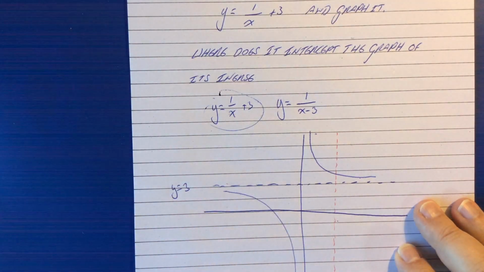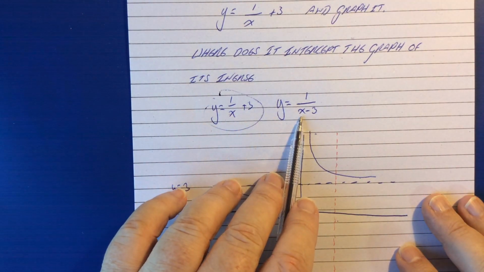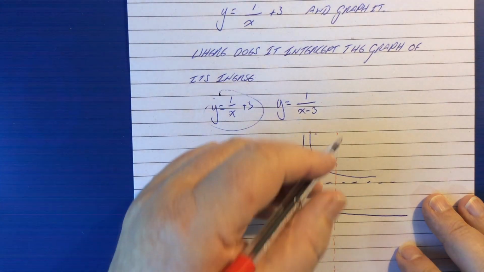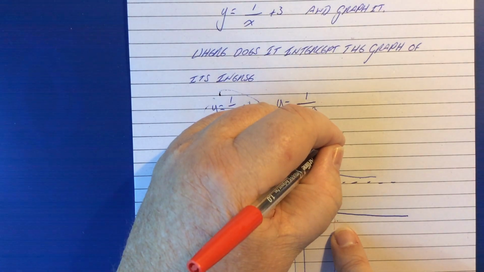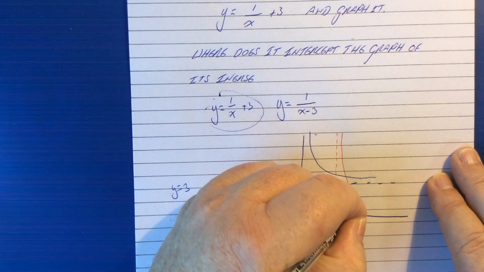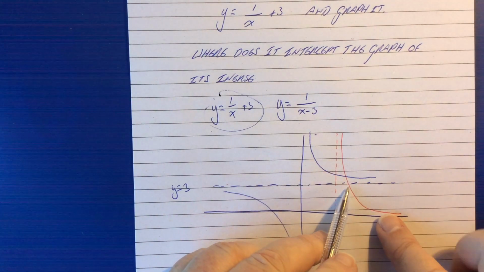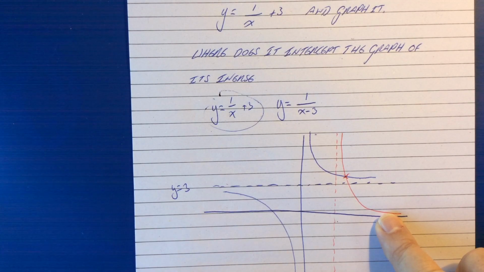Okay, so let's go to work. These are both positive, and so what we expect is the following. So there we are. That's a point of intersection there, which we're going to have to work out.